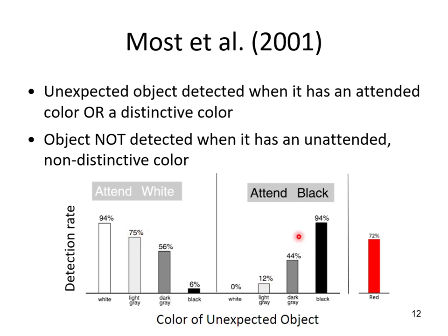So therefore, a top-down effect. But what about a red cross, a red unexpected object? Does it get detected? Yes. And is it an attended color? It is not an attended color, right? You look for white or you look for black, red is irrelevant. Why would it get detected anyway? It's because it has a very eye-catching, very unique, very salient color.